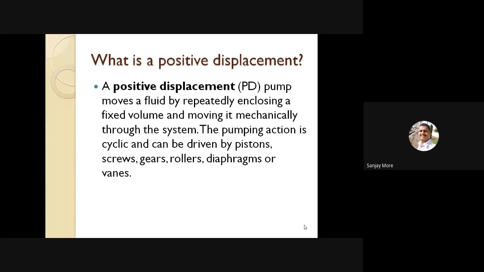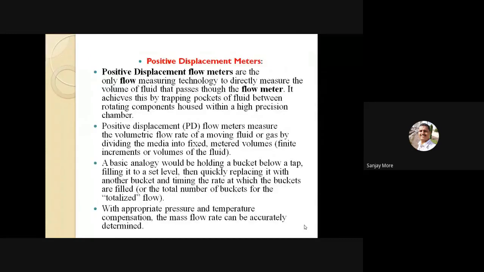Positive displacement flow meters are the only measuring technology to directly measure the volume of fluid that passes through the flow meter. It achieves this by trapping pockets of fluid between rotating components housed within a high precision chamber.